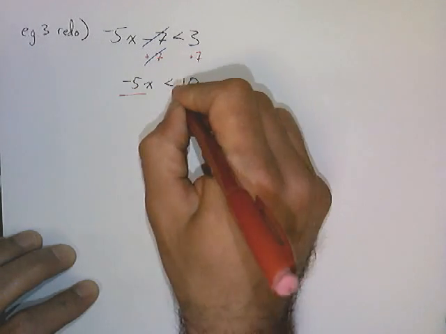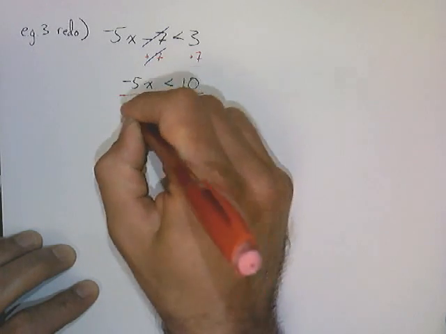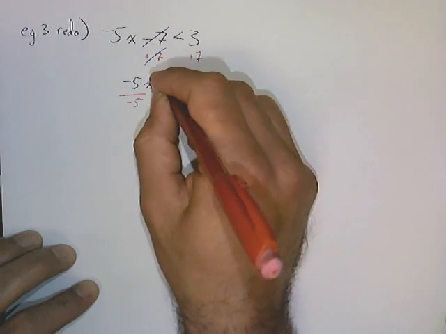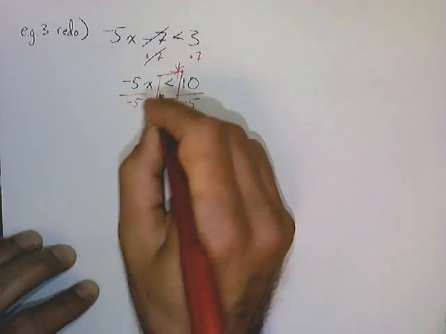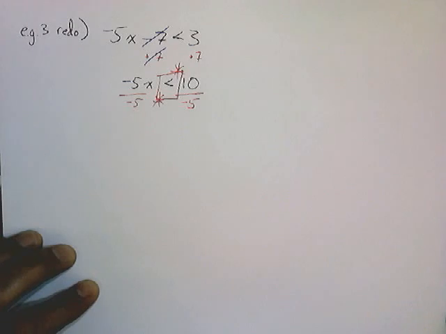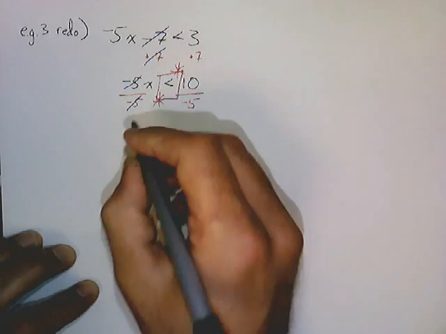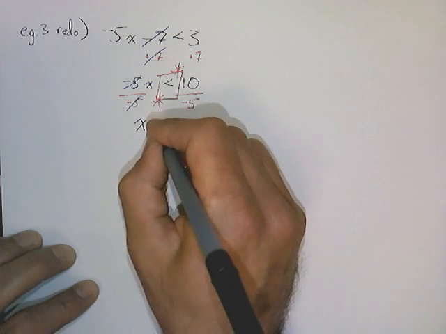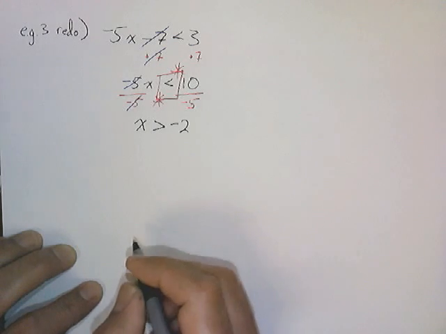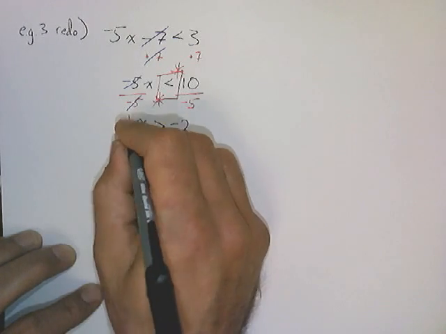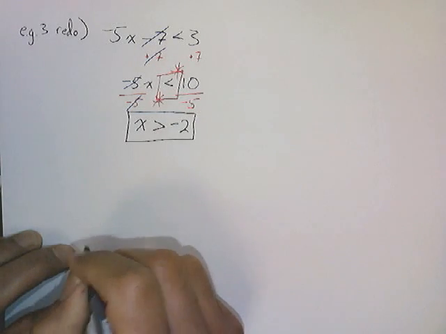Now we divide both sides by the negative 5. But now, since we did that, we might want to put a big box and some stars around here or something saying, flip that darn thing now. Don't forget that. Now we have x, we flip it around, is greater than negative 2. And that's our correctly solved inequality.